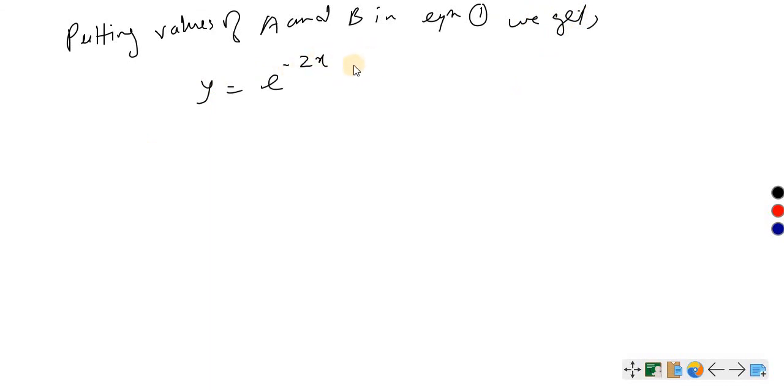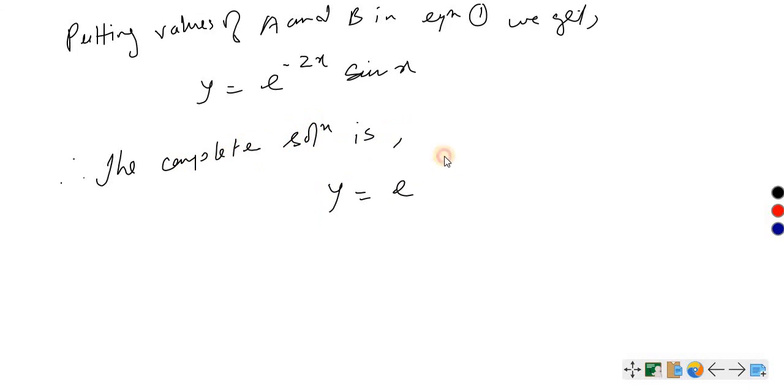Since a is 0, I am left with b, so sin x. Therefore the complete solution is y equals e to the power minus 2x sin x. This is the solution of this differential equation.